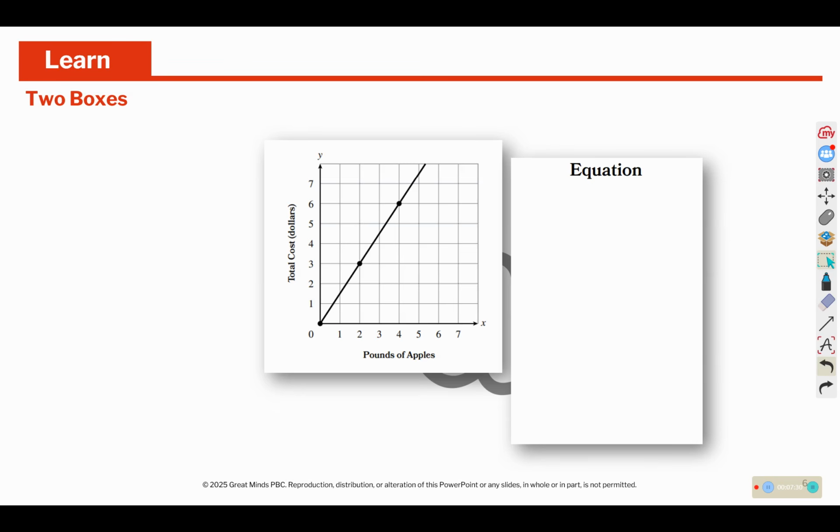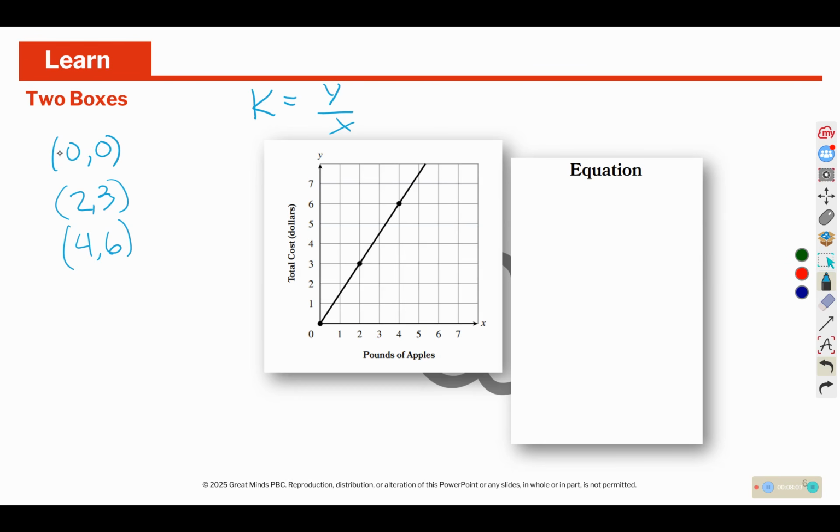So to find the constant of proportionality from a graph, we're looking for points in the graph. I see this point (0, 0). I see the point (2, 3). And I see the point (4, 6). To find that constant of proportionality, we can use y values divided by x values.